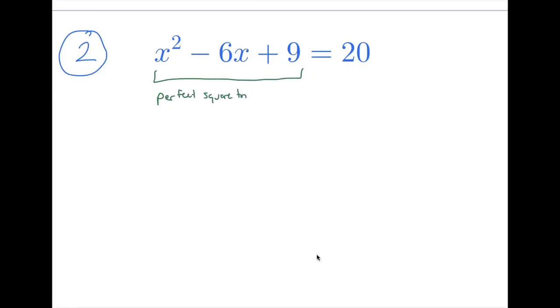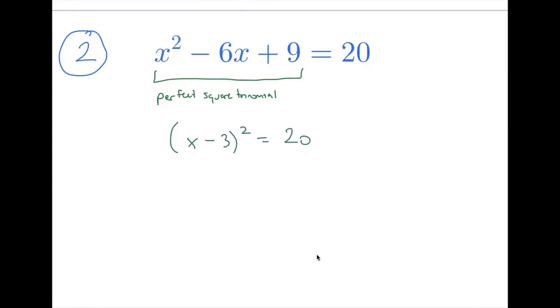And so basically, what that means is that we can go ahead and rewrite this as x minus 3 squared equals 20.